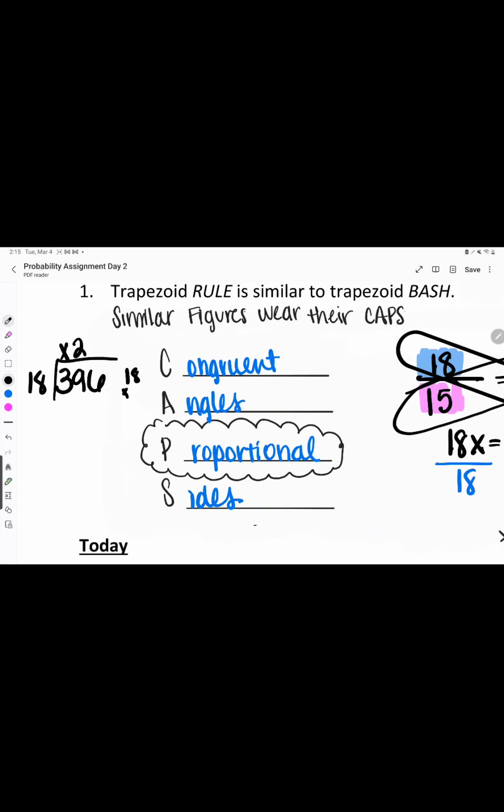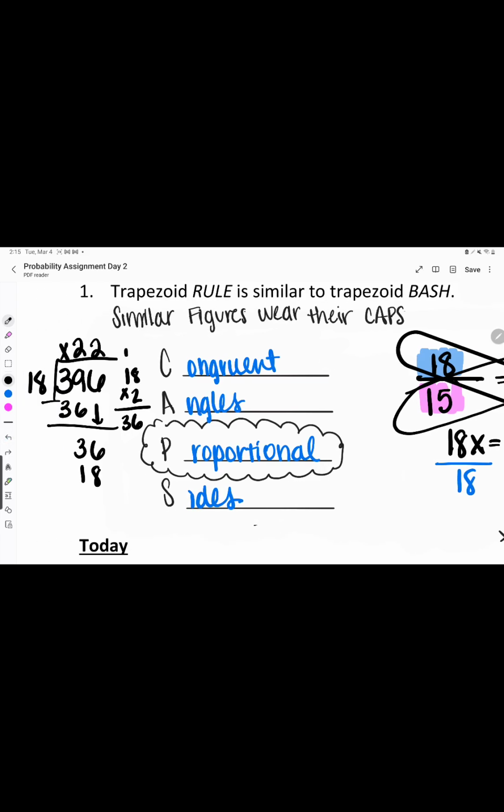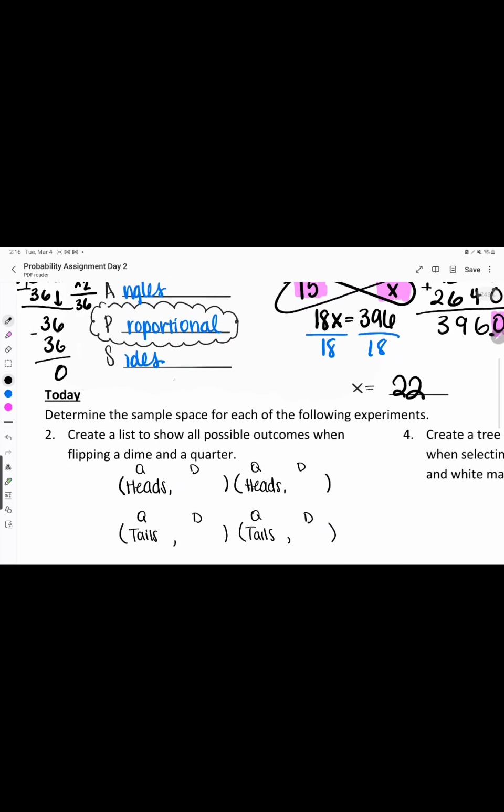I have 18 times 2. 8 times 2 is 16, so I write down a 6, carry my 1. 1 times 2 is 2, plus 1 is 3, so this right here gives me 36. Subtract, that gives me 3, bring down my 6. 18 goes into 36 twice. 18 times 2 is 36. Subtract, and that gives me 0. So that gives me X equals 22.